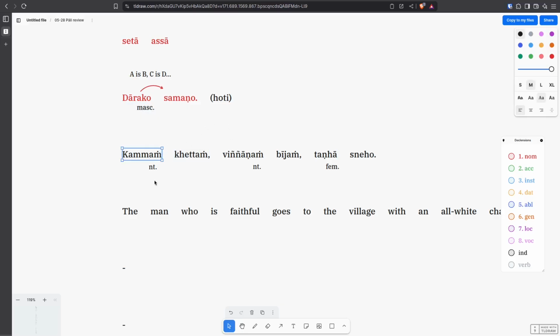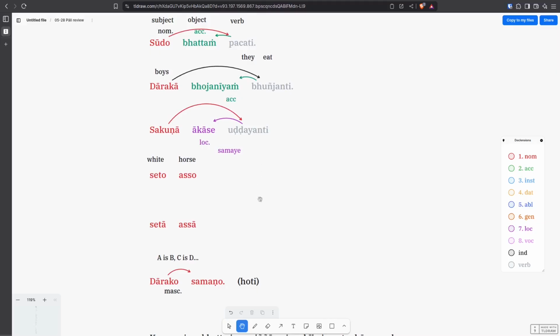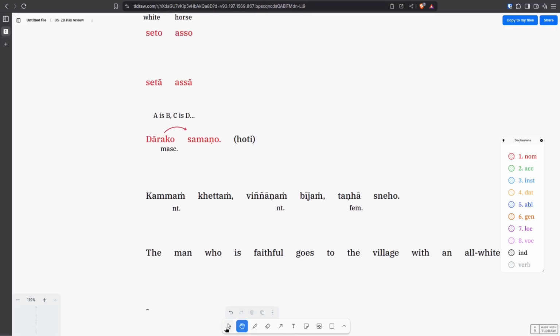And so the neuter in nominative takes the aṃ ending. It's confusing because the accusative otherwise takes the aṃ ending. But yes.